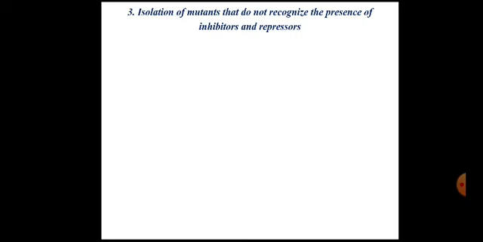The difference between second modification and third modification is that in the second modification, the inhibitors and repressors are not produced. But in the third type of modification, inhibitors and repressors are produced, but their excess level is not recognized by the control system.